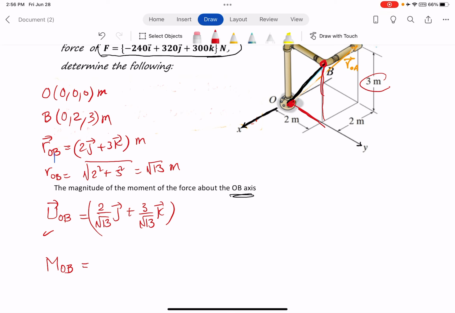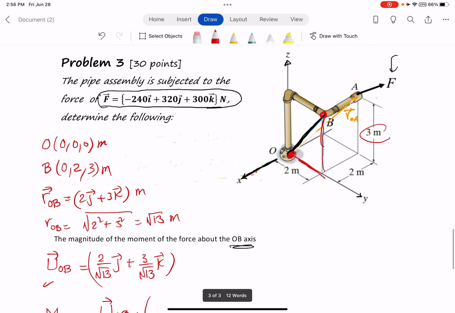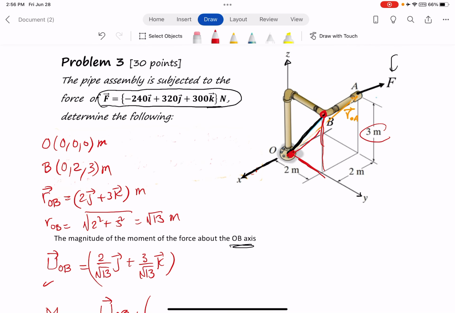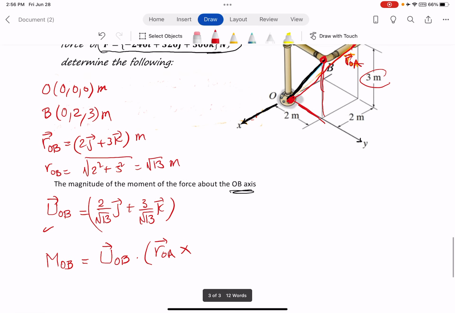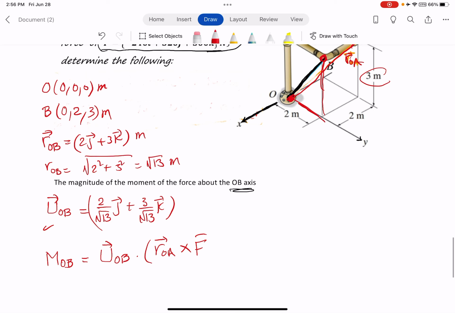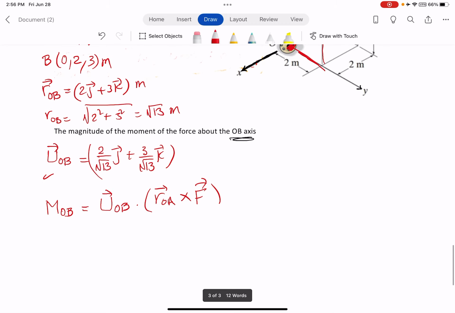So this would give you the unit vector OB dot the position vector that we took, which is from O to the tail, and that's going to be ROA. And then we cross the force.